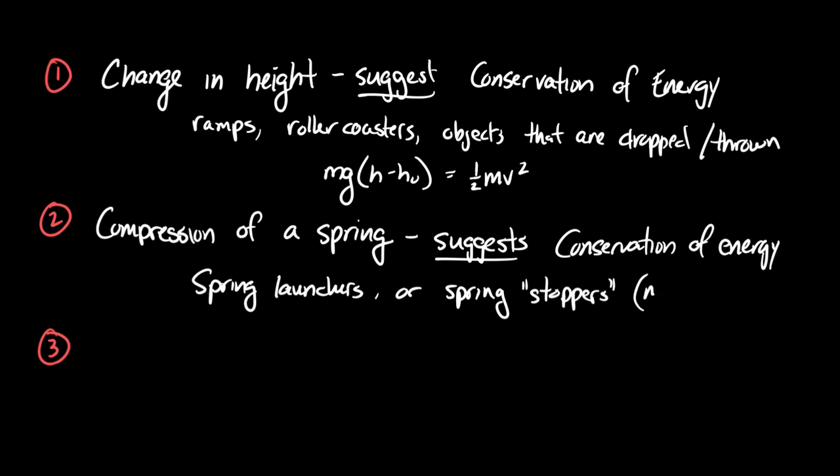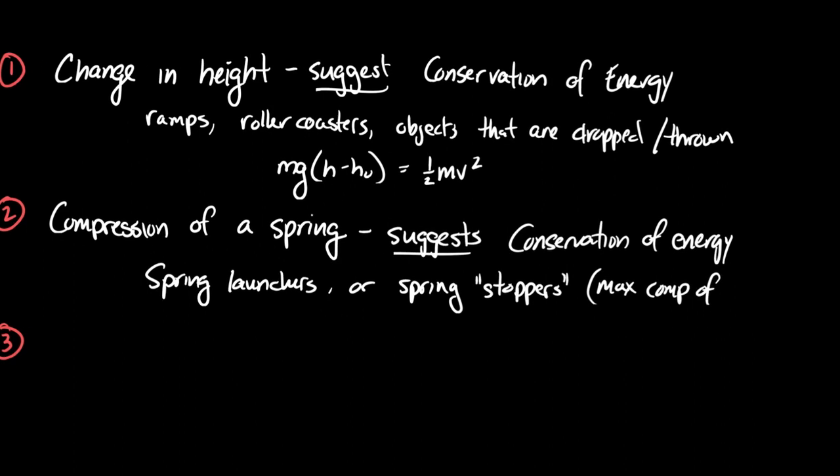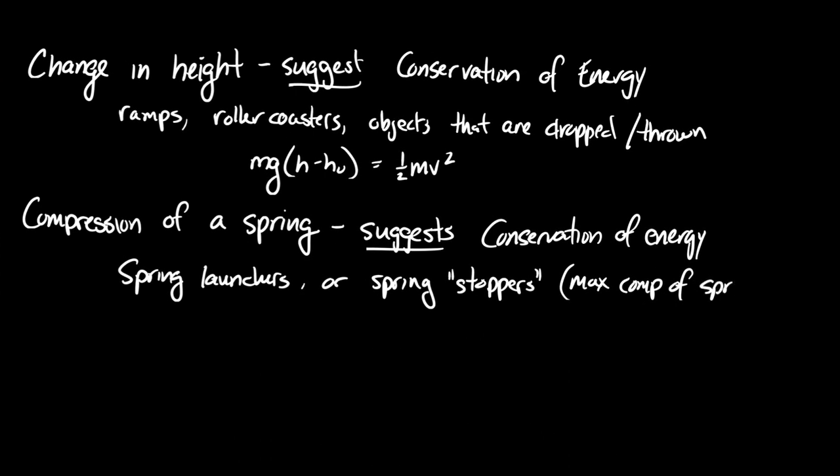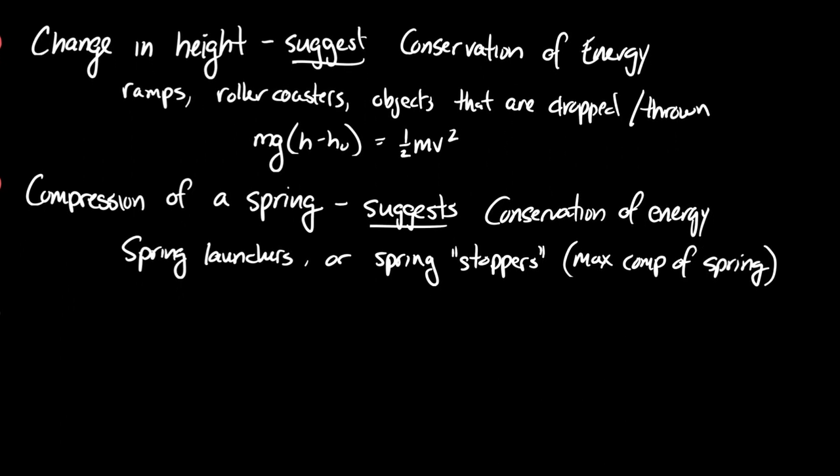We look for phrases like max compression of spring, as a phrase that's often used to describe this. Usually an object is moving when this happens, and then it's not moving when the spring is at its maximum compression.